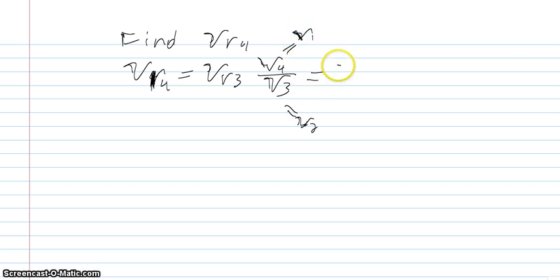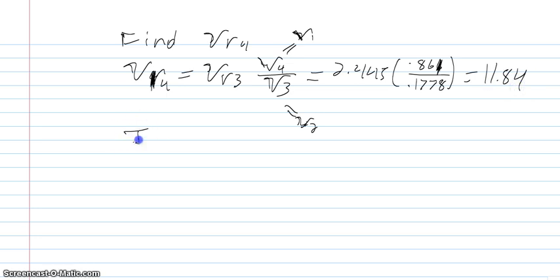Alright, so that equals 2.445 times 0.861 divided by 0.1778. That equals 11.84. So now that you have VR4, you can interpolate with VR4 to find U4.